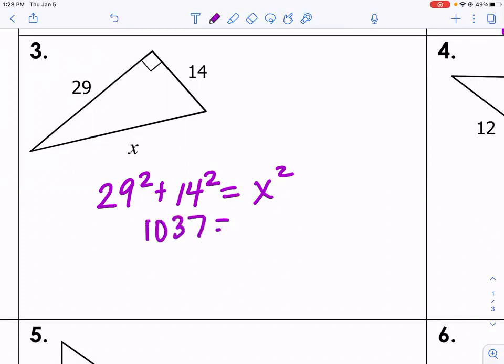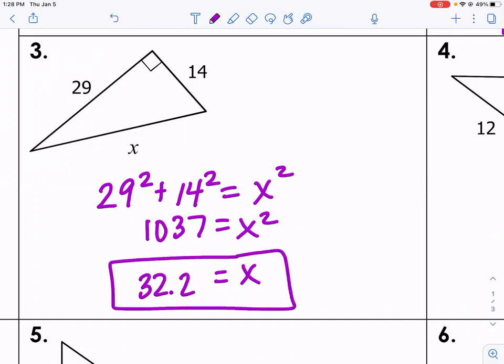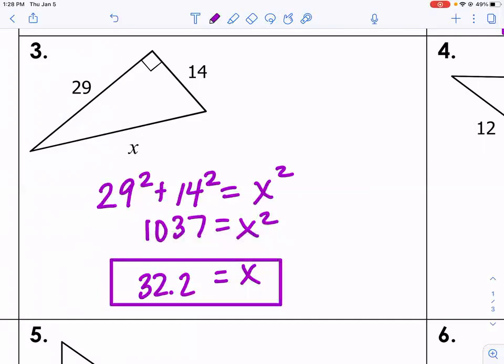So then when you take the square root of 1037, 32.2. Do we agree with 32.2? Yeah. Now every example we've done so far, the hypotenuse has been the missing link.